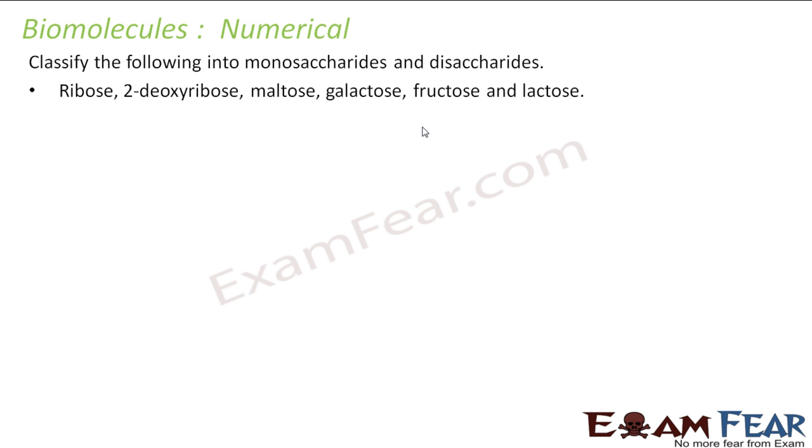If you classify into monosaccharides and disaccharides, ribose is a monosaccharide, deoxyribose is also a monosaccharide, maltose was a disaccharide, galactose was a monosaccharide, fructose was a monosaccharide from fruits, and lactose was a disaccharide. If you want, you can see the structures in the chapter where we explained this.